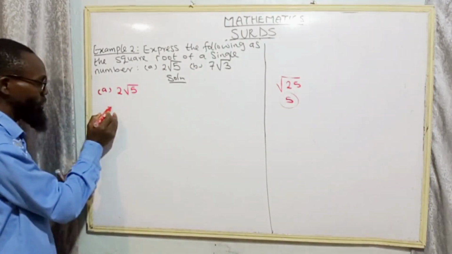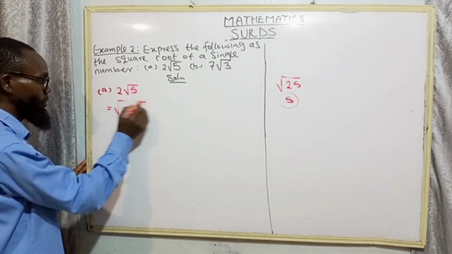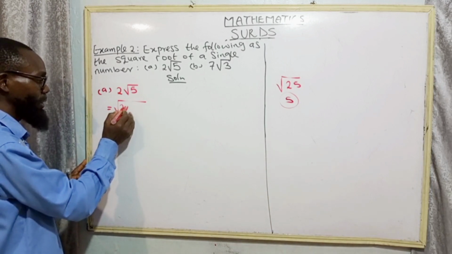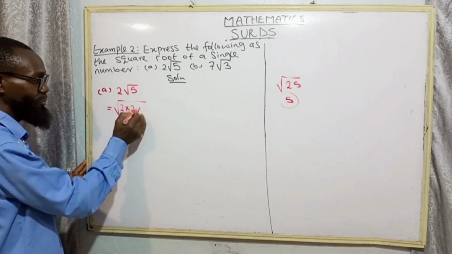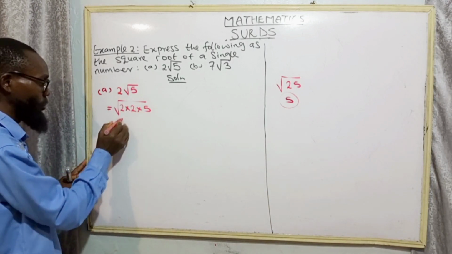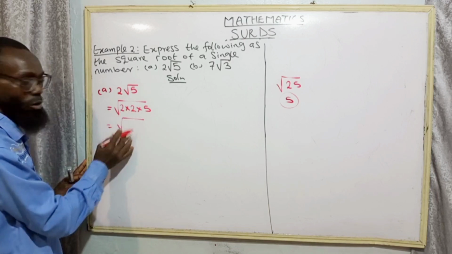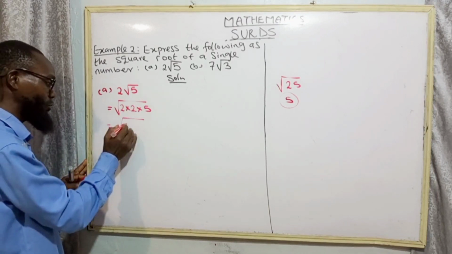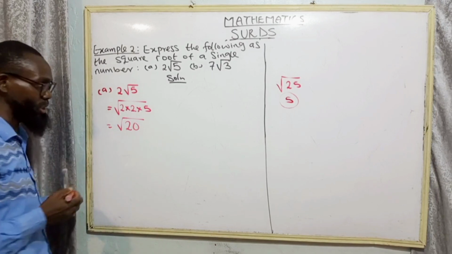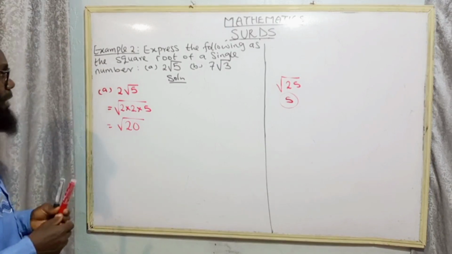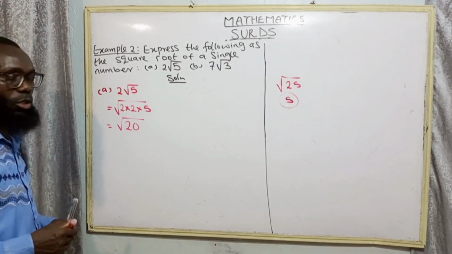Definitely, this will also give us the square root of 2 multiplied by 2, then 5 multiplied by 5. So the square root of 2 times 2 we have 4, 4 times 5 we have 20. So the square root of 20. Meaning that 2 root 5 means the square root of 20.